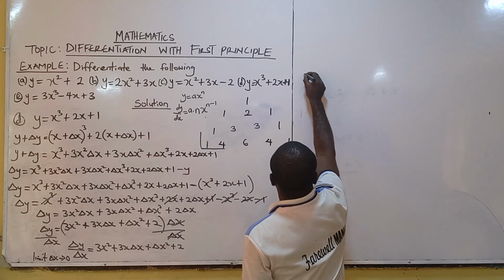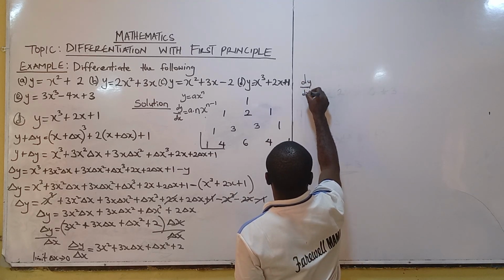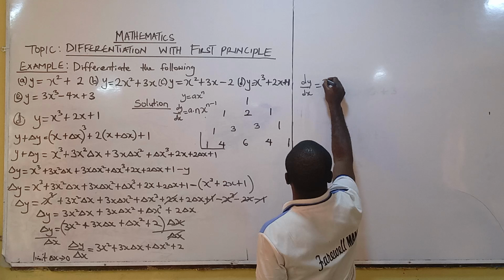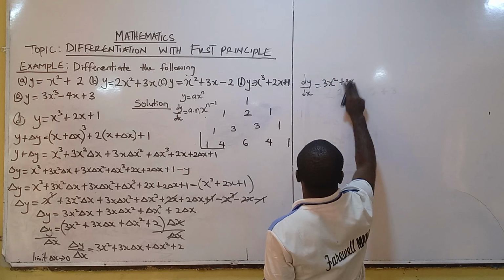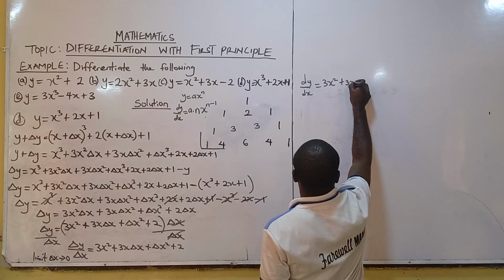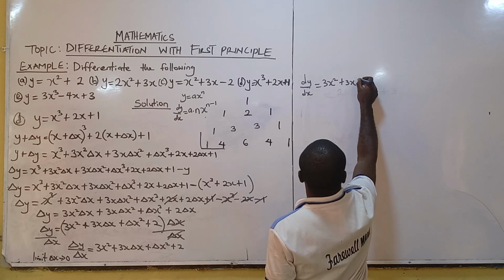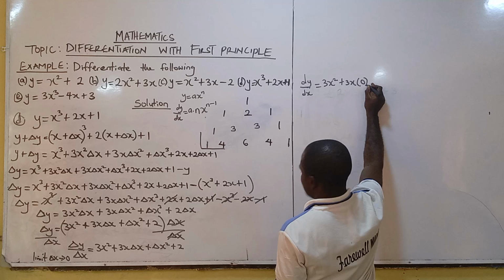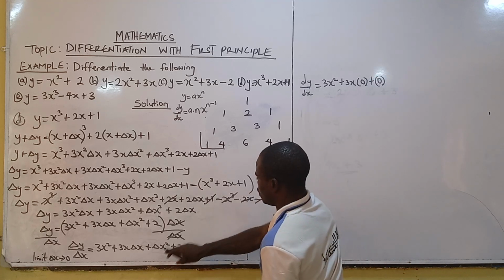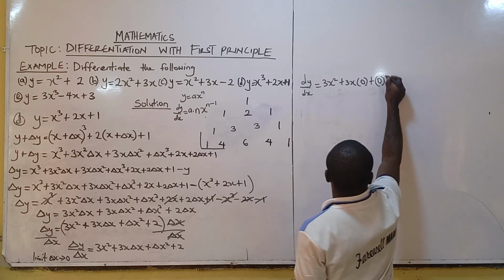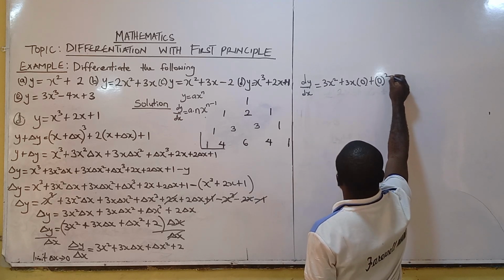Now write dy over dx equals 3x squared plus 3x into 0 plus 0 squared for dx, 0 squared plus 2.